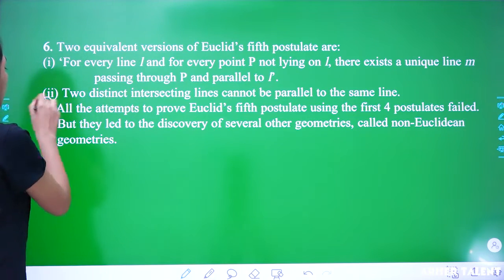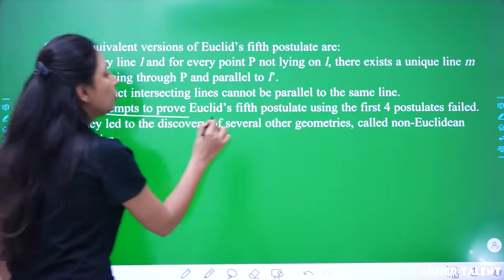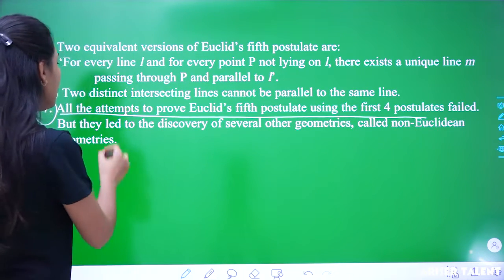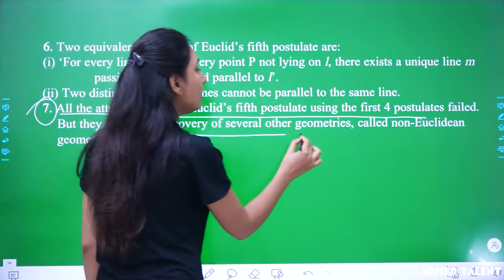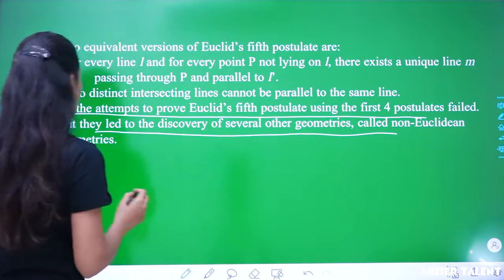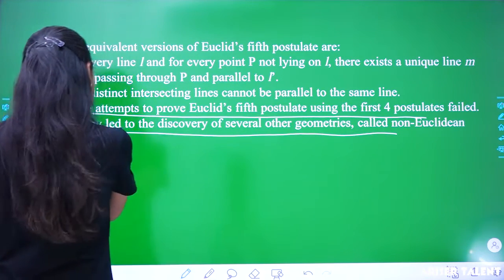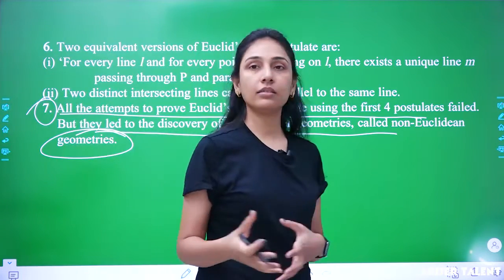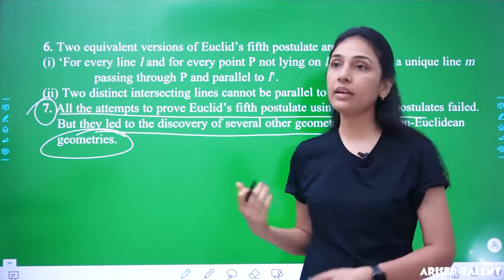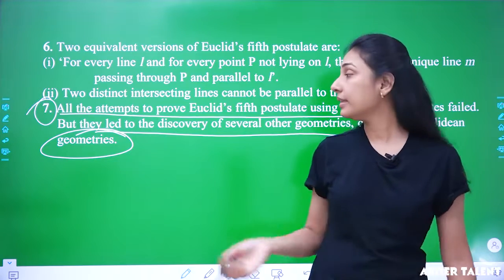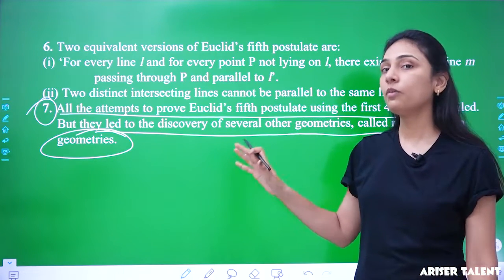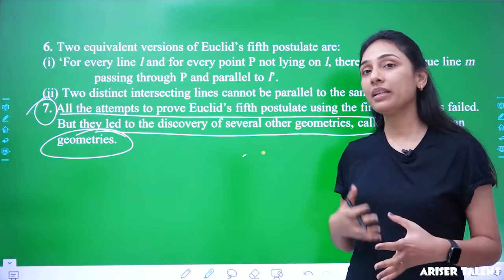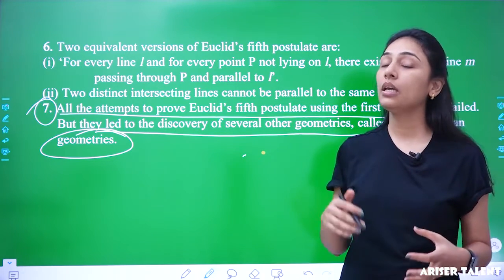Now, next, all the attempts to prove Euclid's fifth postulate using the first four postulates failed, but they led to the discovery of several other geometries called non-Euclidean geometry. So these scientists and researchers never proved this fifth one, but they also discovered many of the things that we are currently studying.